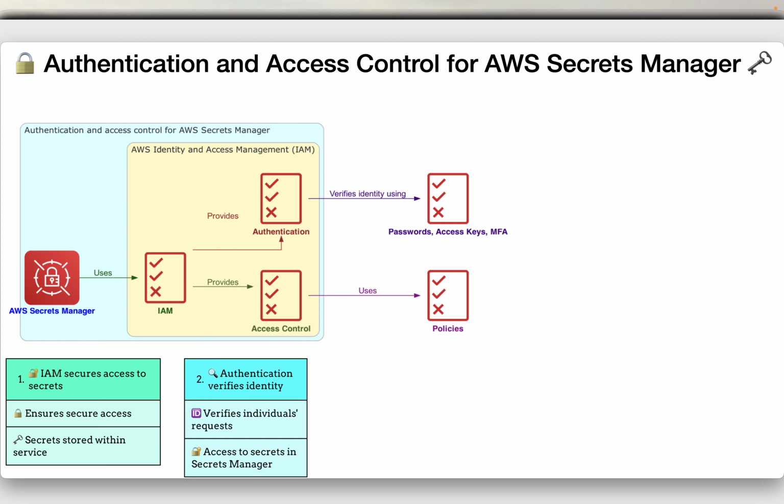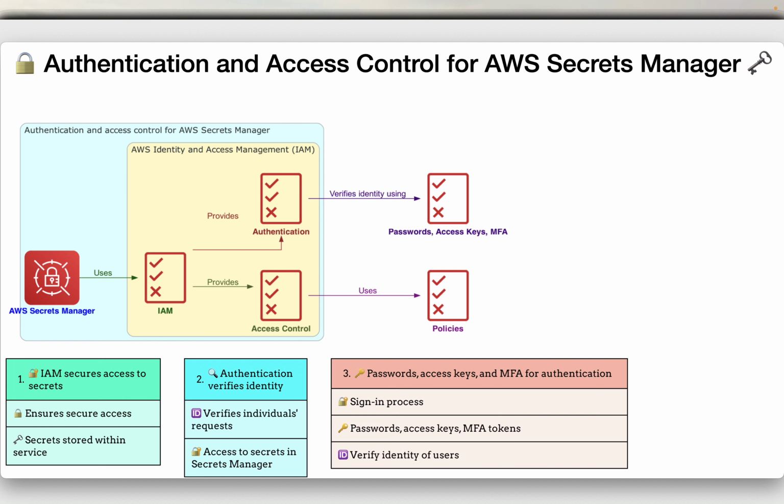IAM provides authentication, which verifies the identity of individuals making requests to access secrets in Secrets Manager. It uses a sign-in process that includes passwords, access keys, and multi-factor authentication (MFA) tokens to verify the identity of users attempting to access secrets.